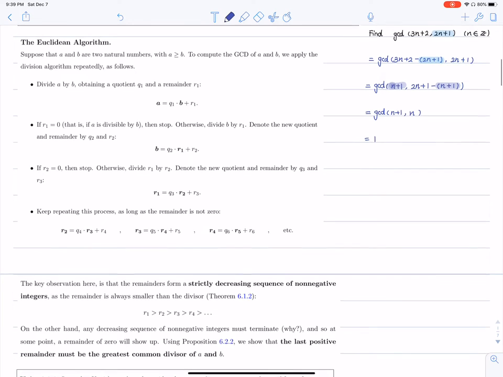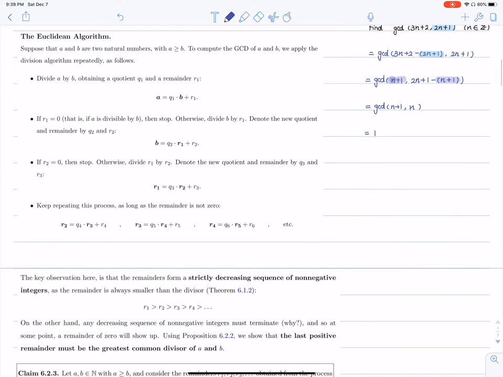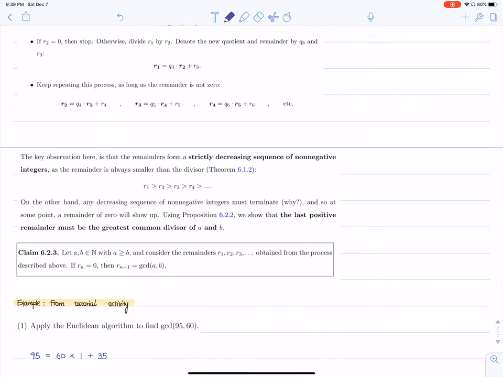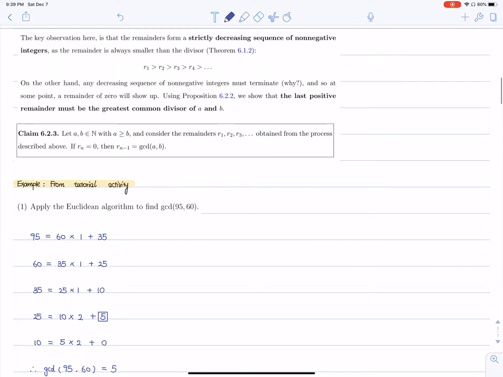I copy-pasted the whole procedure here from your textbook, but personally I don't like to read, so I learn best by doing questions or checking examples. So I gave you an example right here.